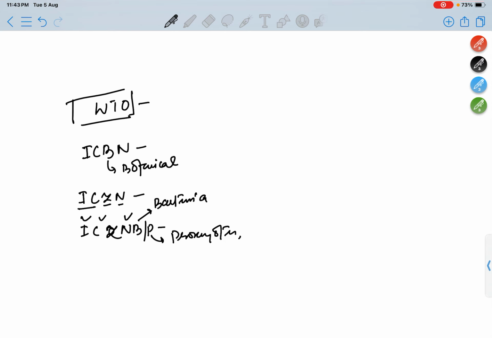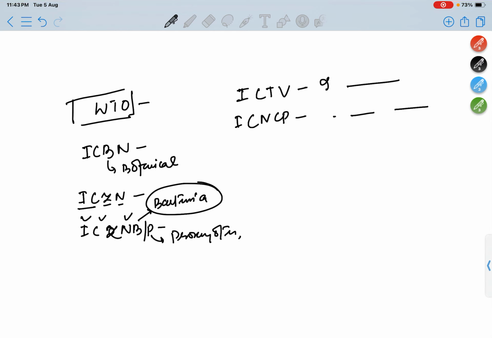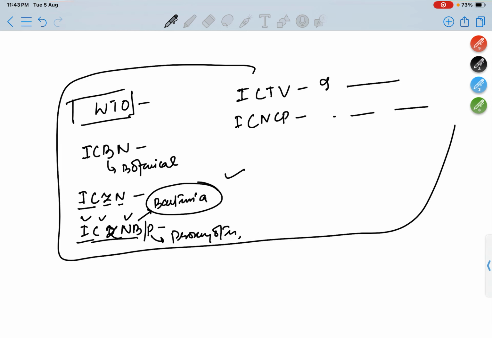Okay, then ICTV, International Committee on Taxonomy of Viruses. ICNCP, International Code for Nomenclature of Cultivated Plants. Okay, you just write it. Now in the examination they can ask which organization is responsible for naming of bacteria. At that time you should write ICNB. You should tick that option. So these are the five important full forms you should know.